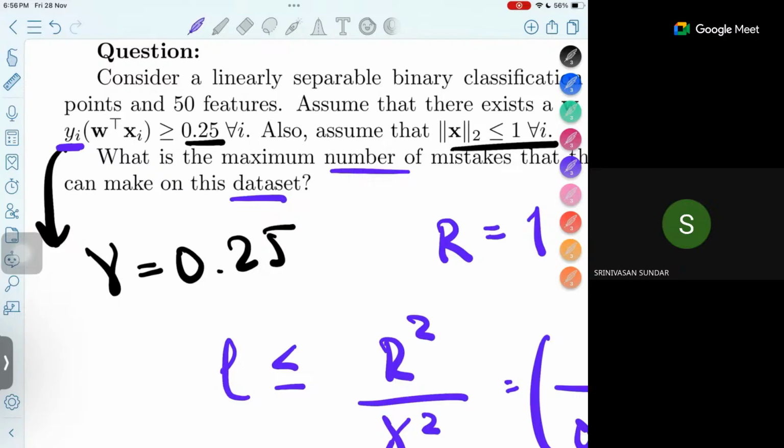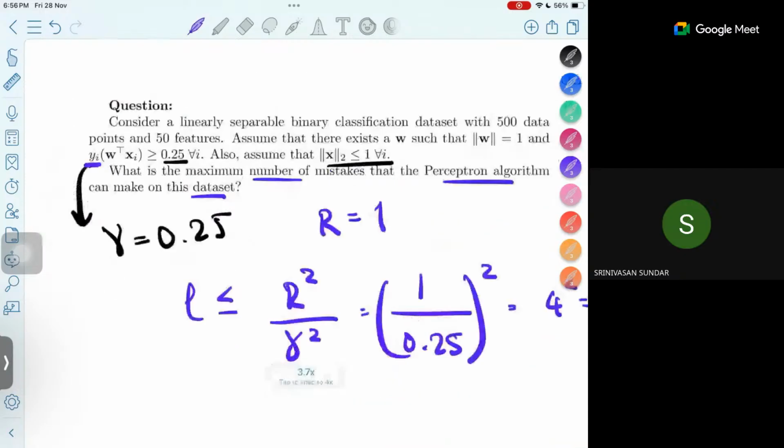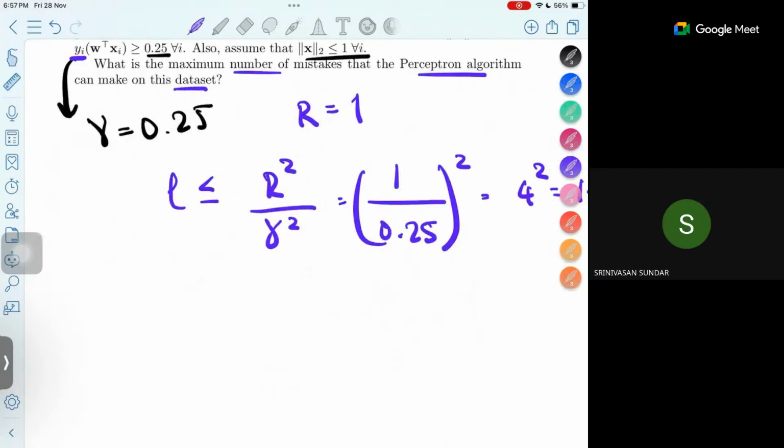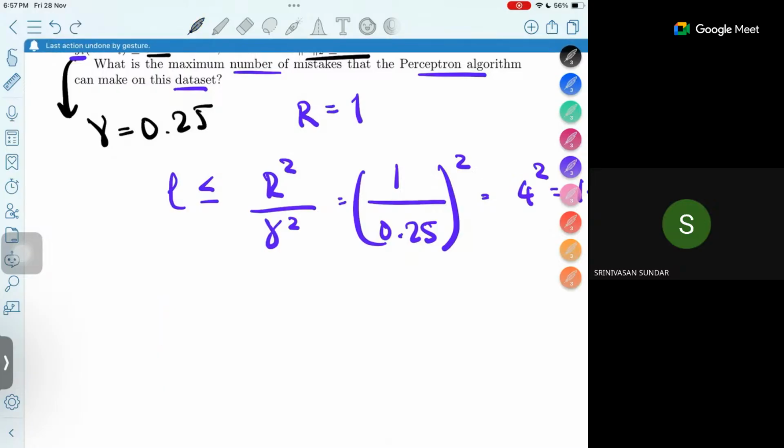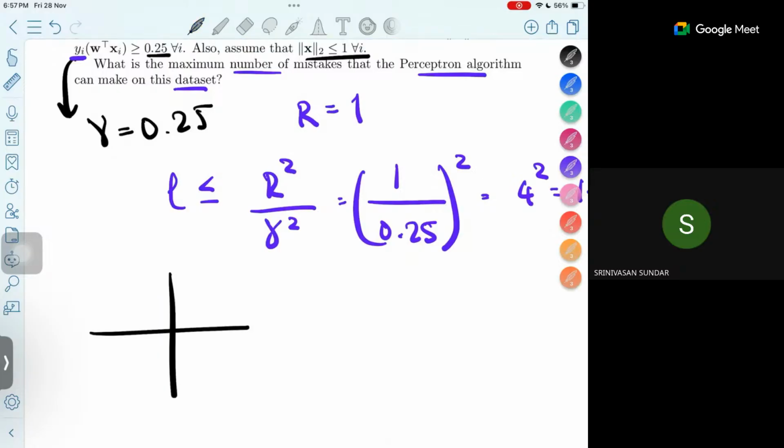Just mathematically that helps. In simple words, this linear separability assumption is just saying that let me say I have some points here and I have some points here. This is the W transpose X equal to 0 line.